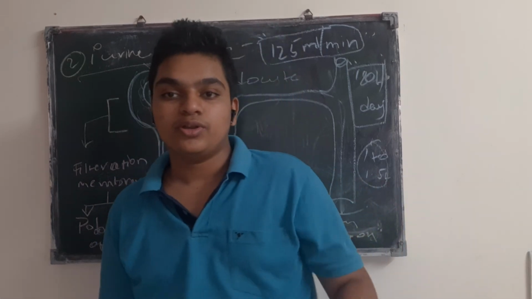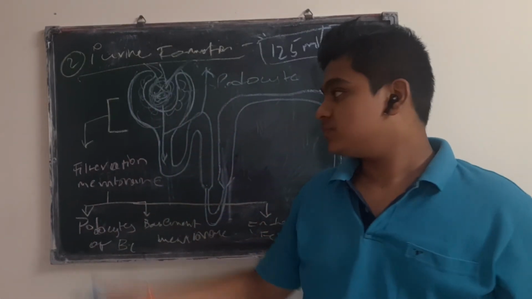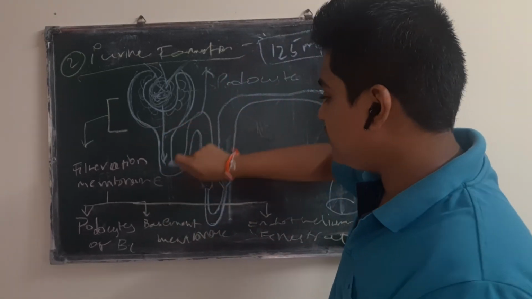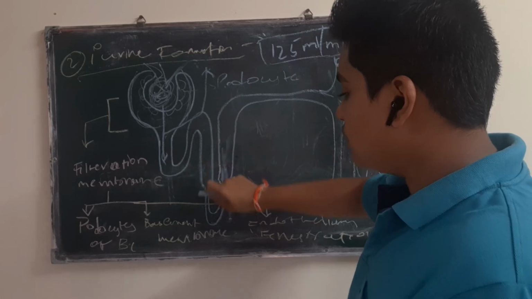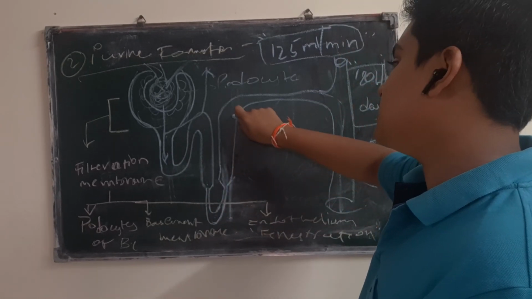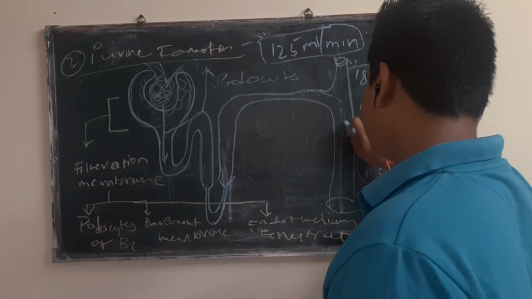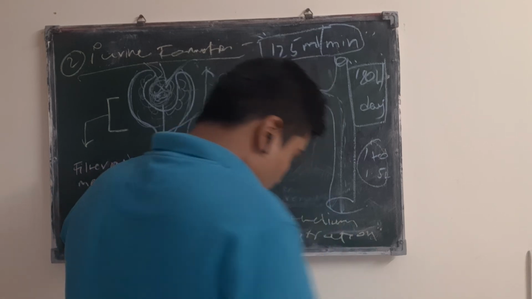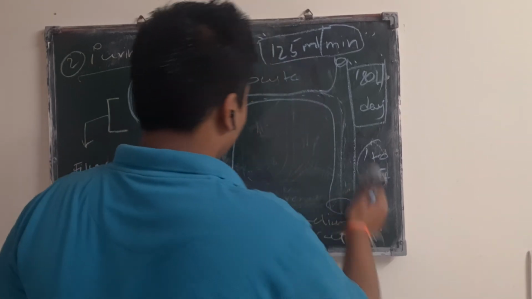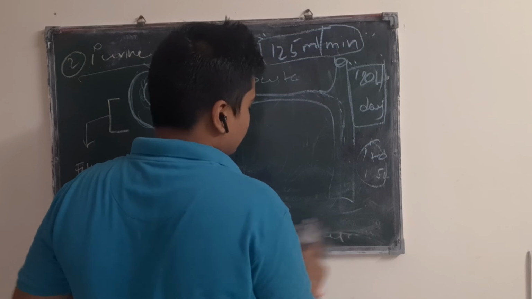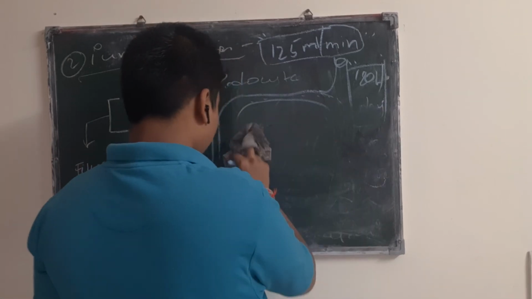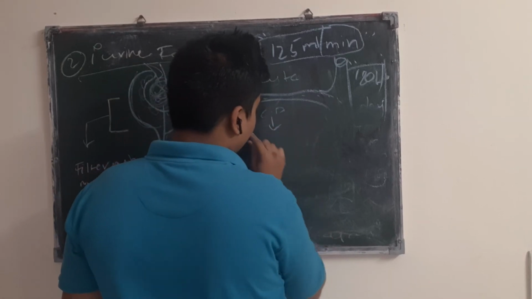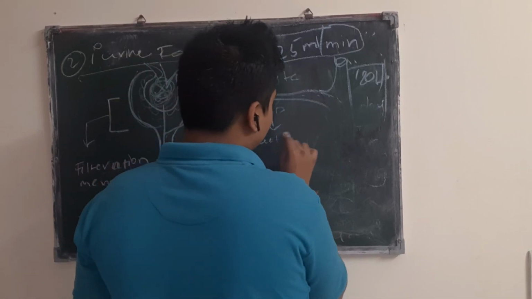Now, once the primary urine is formed, the urine follows its pathway: PCT, next descending limb, loop of Henle, DCT, next the collecting duct. I have told you that all the collecting ducts open into a common duct called the duct of Bellini.